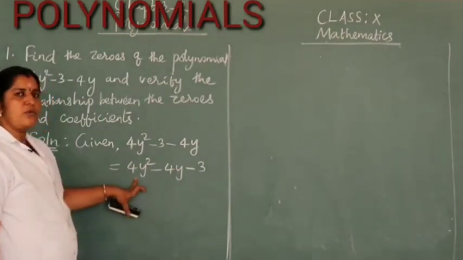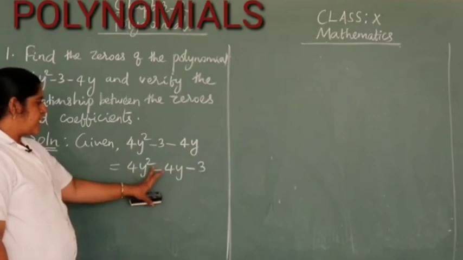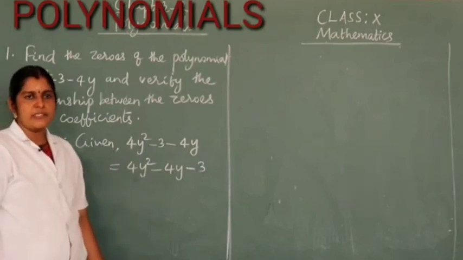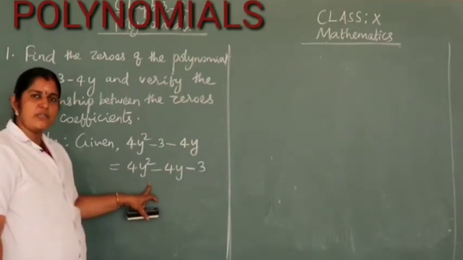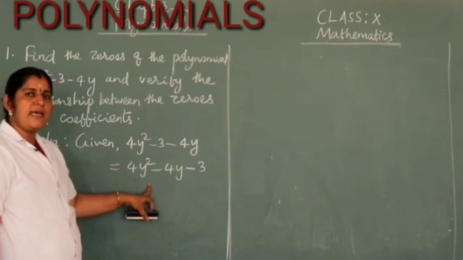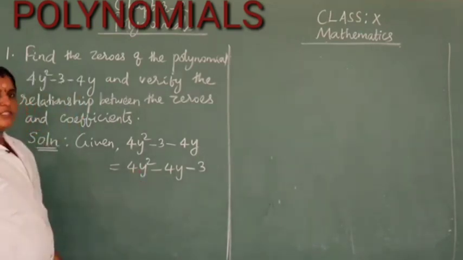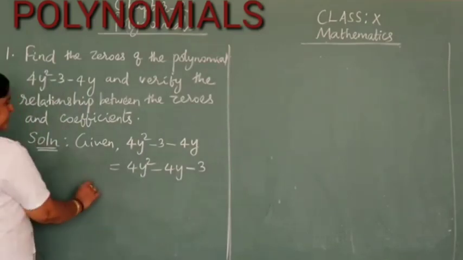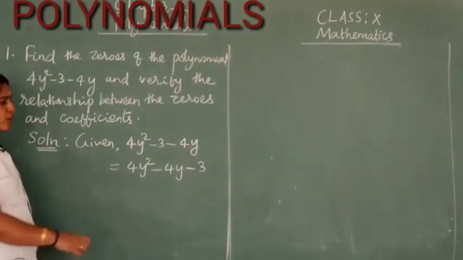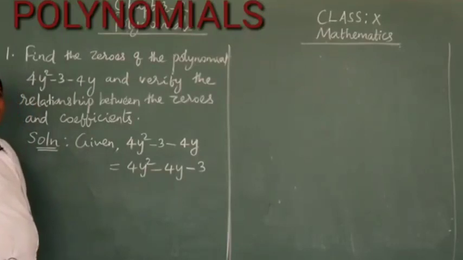Now you want to find the zeros of this quadratic polynomial. As you know, to find the zeros, we are going to apply the splitting the middle term method. So 4y square, to find the zeros what you will do, equate the polynomial to 0.